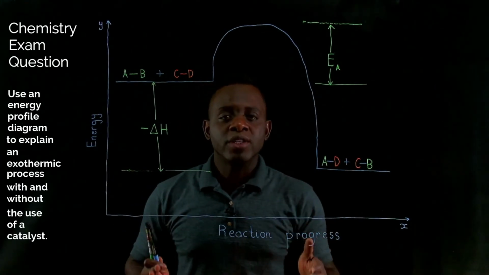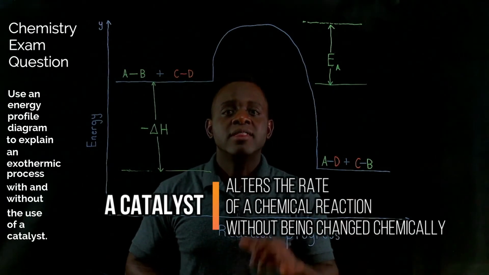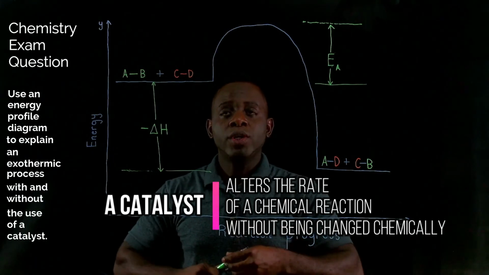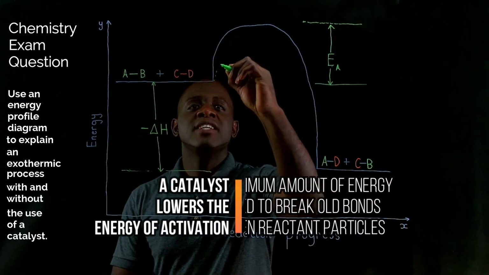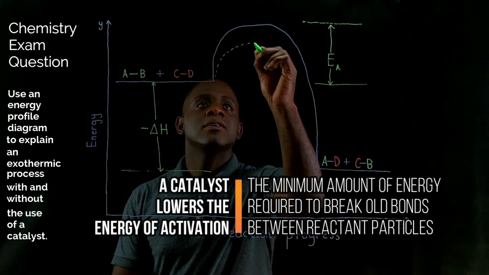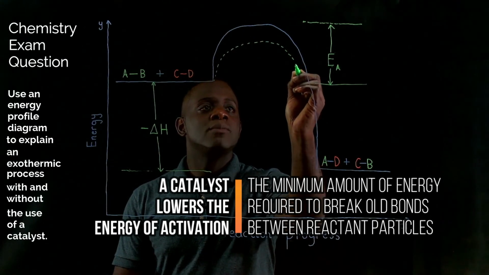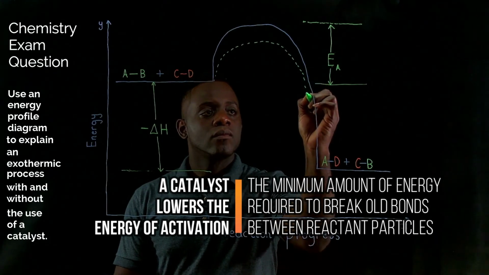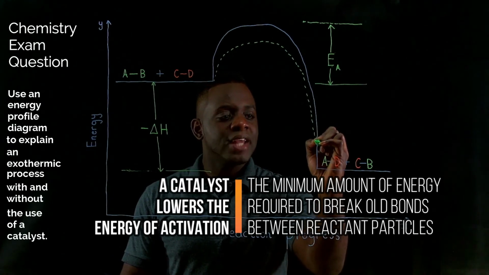Now, if we were to add a catalyst to speed up the rate of this reaction, this is exactly how the catalyst would work. It would lower the activation energy, which is the minimum amount of energy required for the reactants to absorb so that they can have their bonds broken so new bonds can be formed.